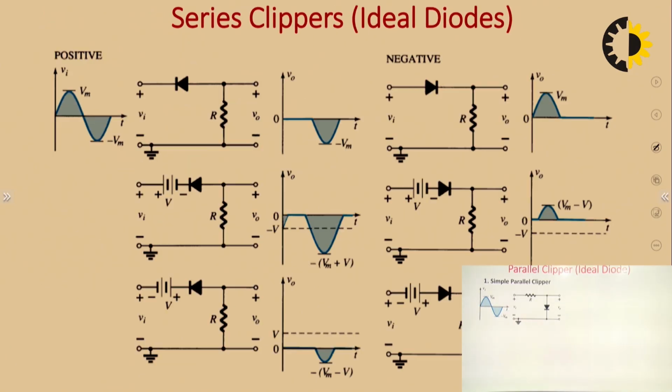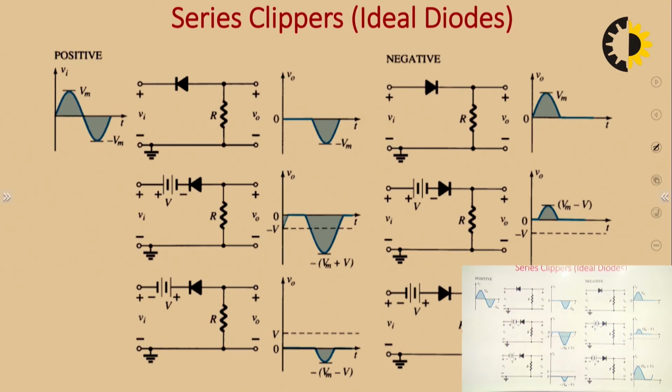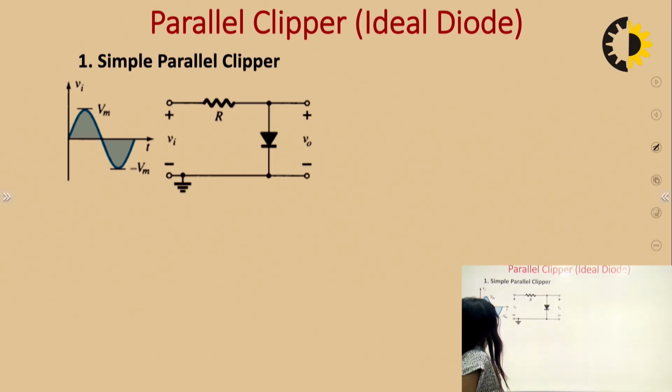Now there are some examples of series clipper and you can solve these questions on your own, and case 1 and case 2 will remain in such a way only. Now coming to the second part, the parallel clipper.